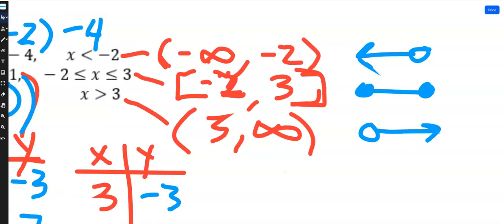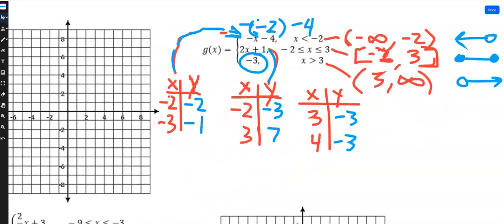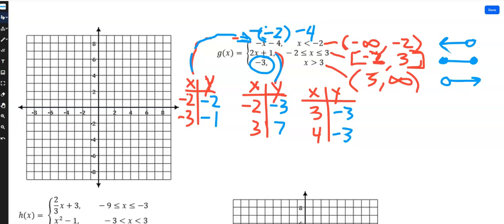So just to give us the idea of what our shapes look like, we come back over here: -2, -2 is my open circle. -3, -1 is a closed circle, and that would be an arrow left. So open circle, arrow left.